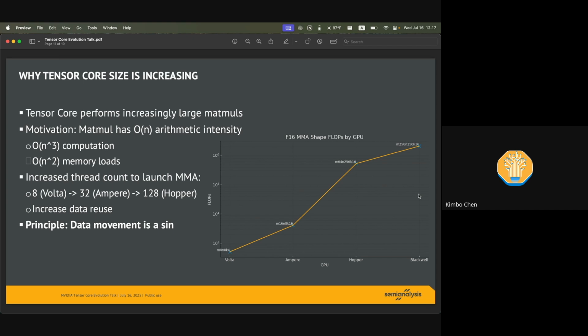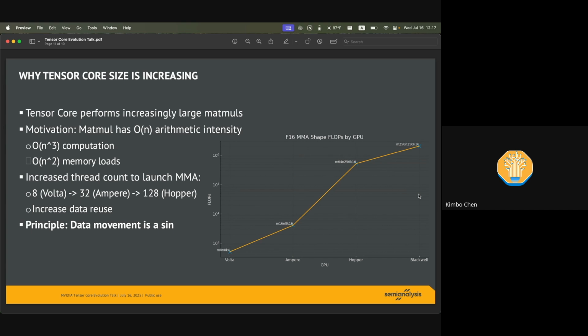The graph on the right shows the number of flops that you need to perform the major MMA shapes for each GPU. So we see the y-axis is in log format, meaning that the number of flops is increasing exponentially.